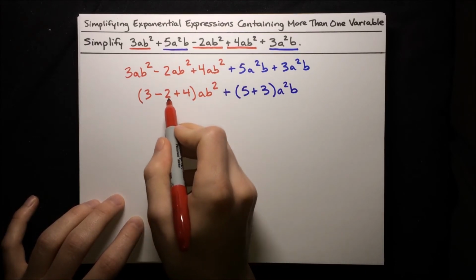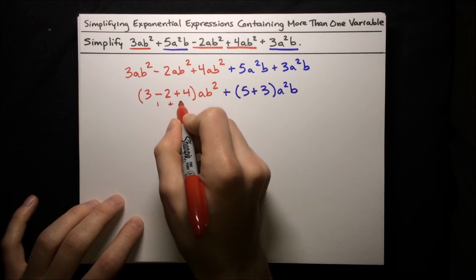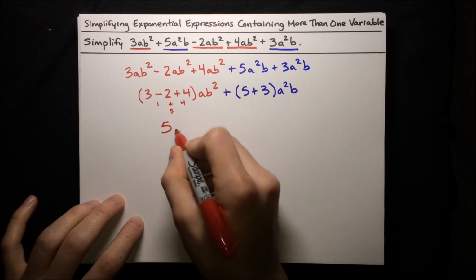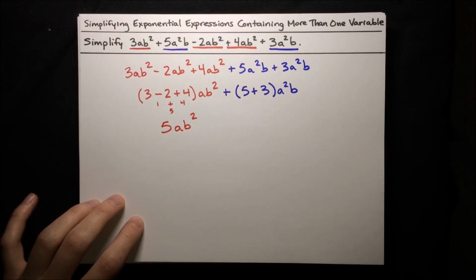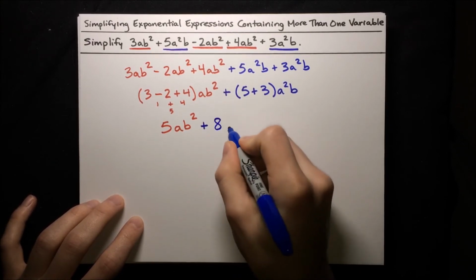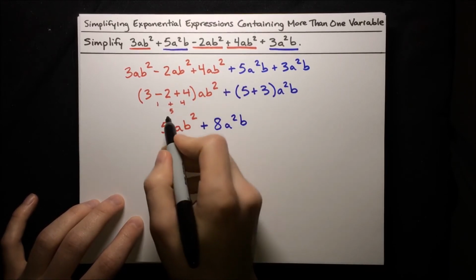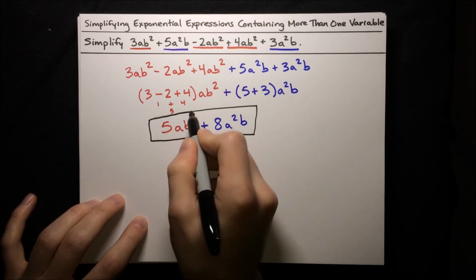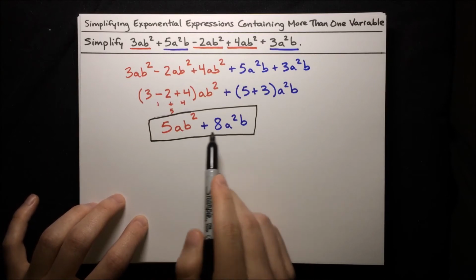So 3 minus 2 is 1, and then 1 plus 4 would make 5. So let's write that down. 5ab squared, and then 5 plus 3, well, that's just 8. So 8a squared b, and there we go. Finally, we are done. That is the simplified form of that gigantic expression here. Much nicer, much more compact.